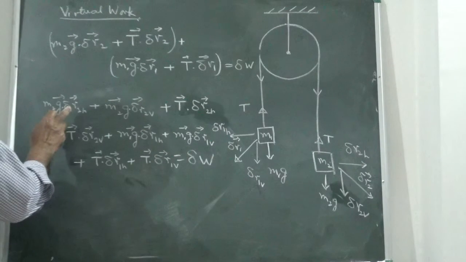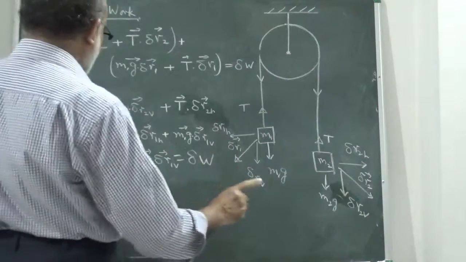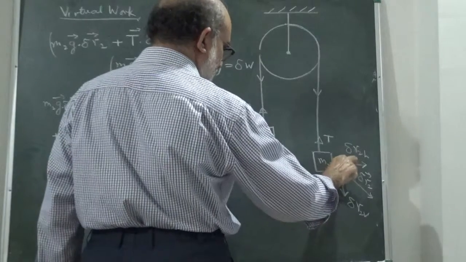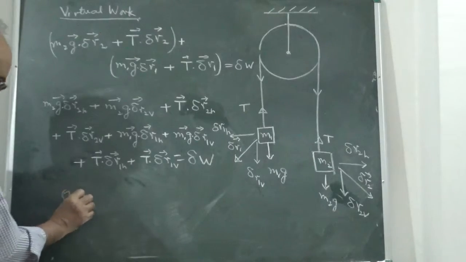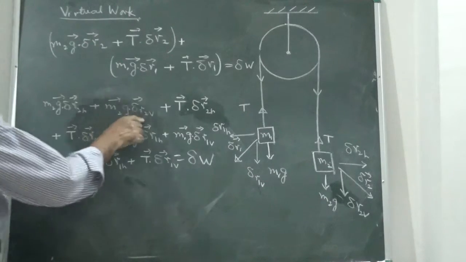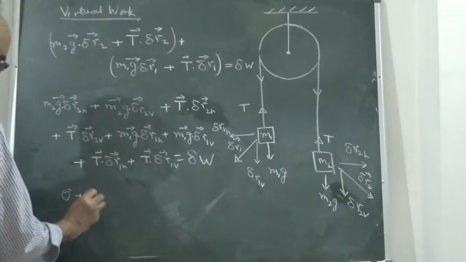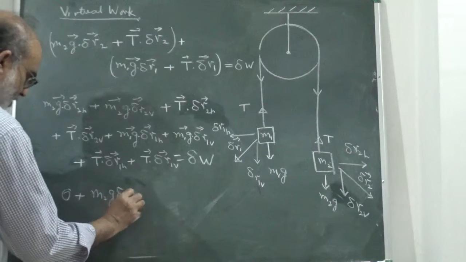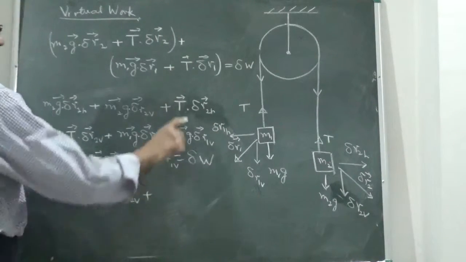Now this is the horizontal component, and MG makes 90 degrees with it, so the dot product of them will be 0. M2G and delta R2V are in the same direction, so cos 0 is 1. So it is M2G delta R2V.